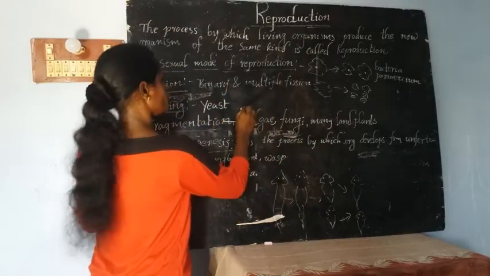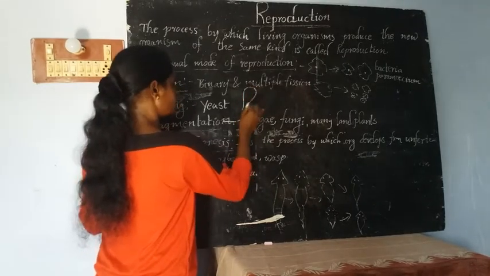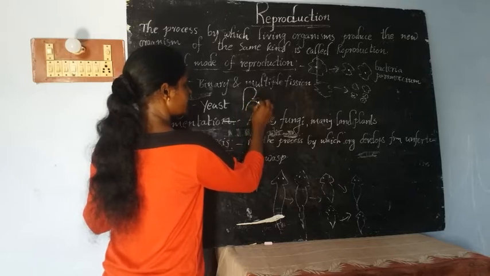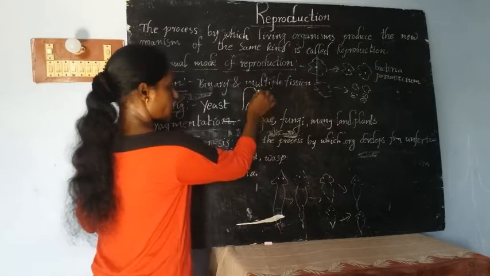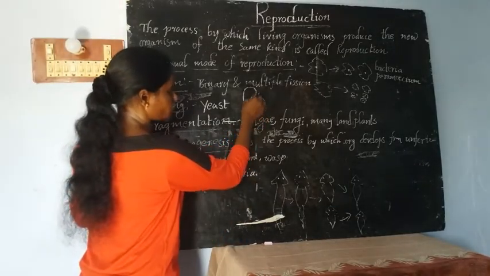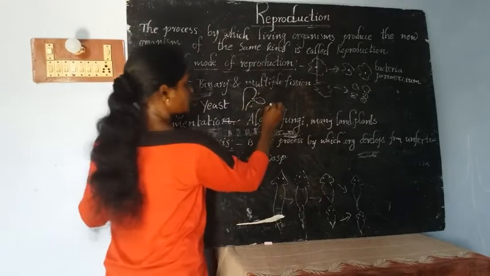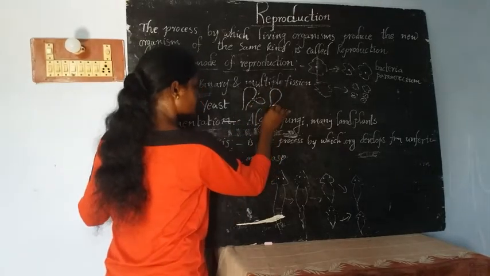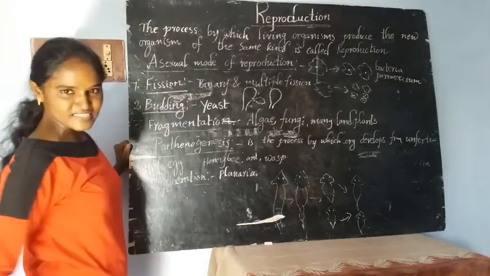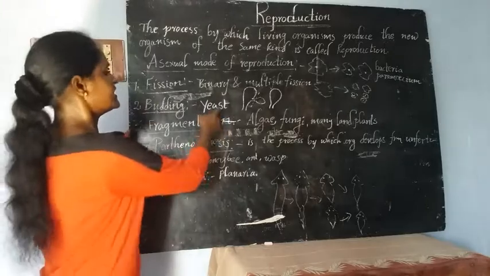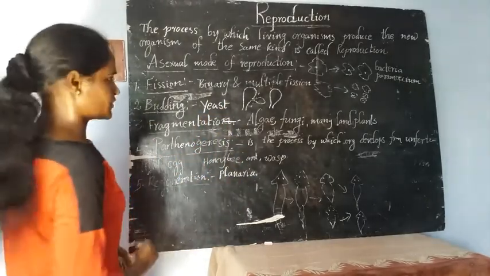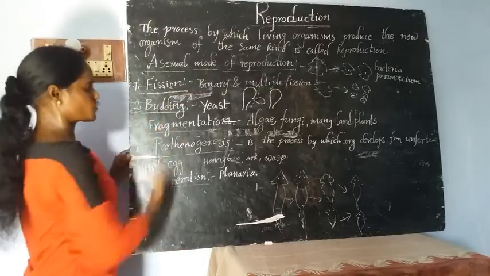Imagine this is the parent, and on any part of the body a bud-like structure may grow. After its development, it detaches from the body of the parent and grows into another new individual, and this process is called budding. The best example is yeast, and hydra also shows this kind of asexual reproduction, budding.